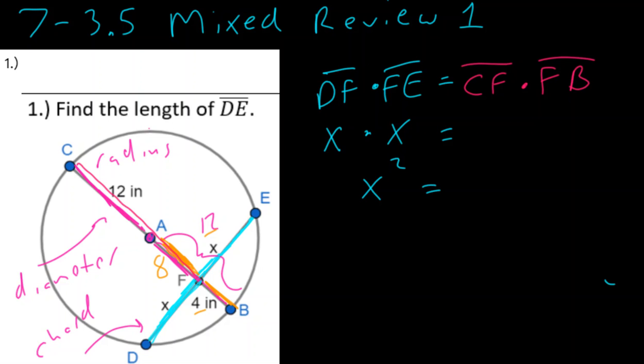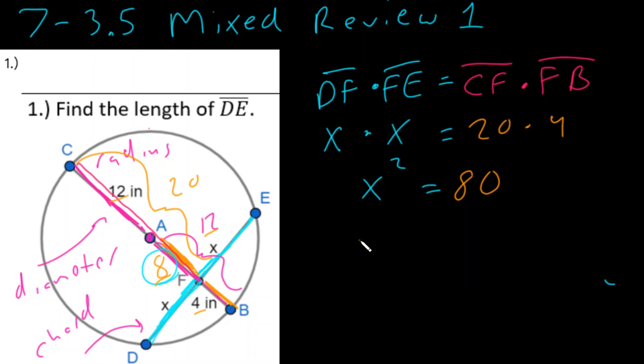And over here, CF, this is the tricky part. Why did we need to know this 8? Well, we needed to know that 8 because CA is 12 and AF is 8. And what is 12 plus 8? That would be 20. So we really have 20 times FB, which is 4. Now 20 times 4 is of course going to be 80. So here's what you need to do.